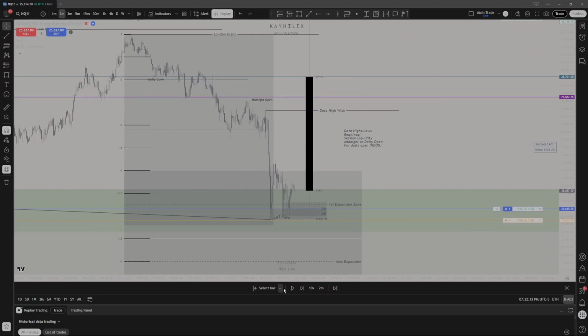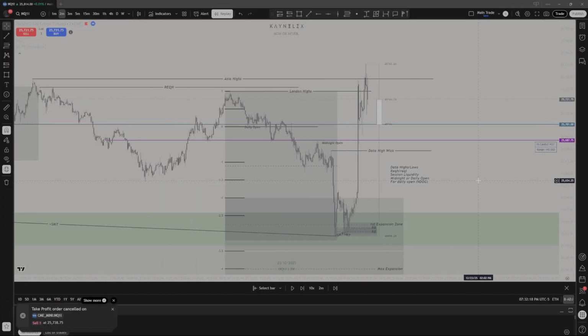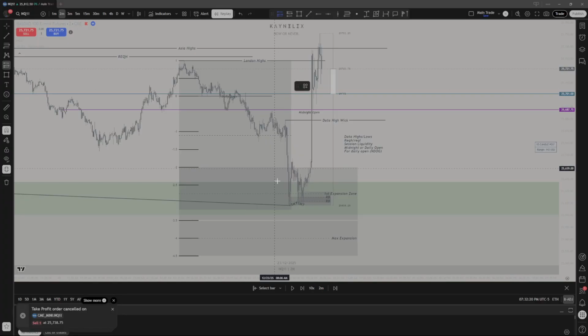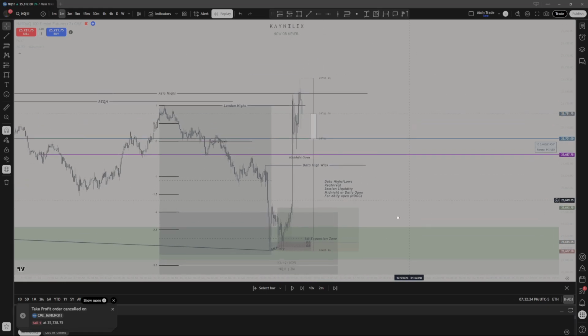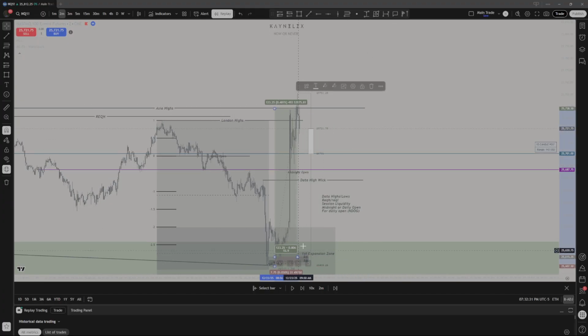And we can just watch it play out now. Market opens, destroys it. You can't tell me that this doesn't work. You literally can't. This was about 123 points in under an hour.